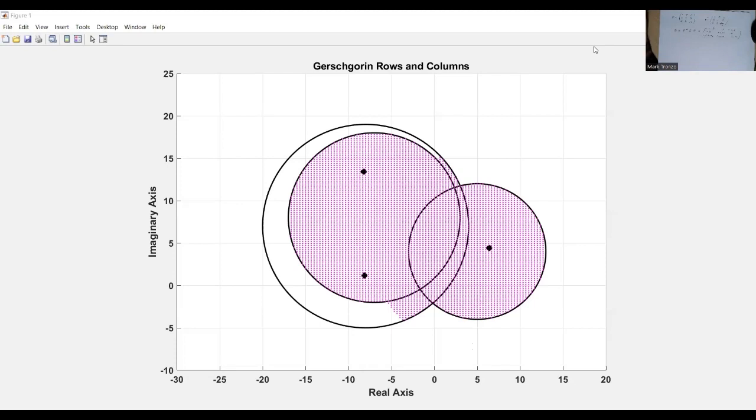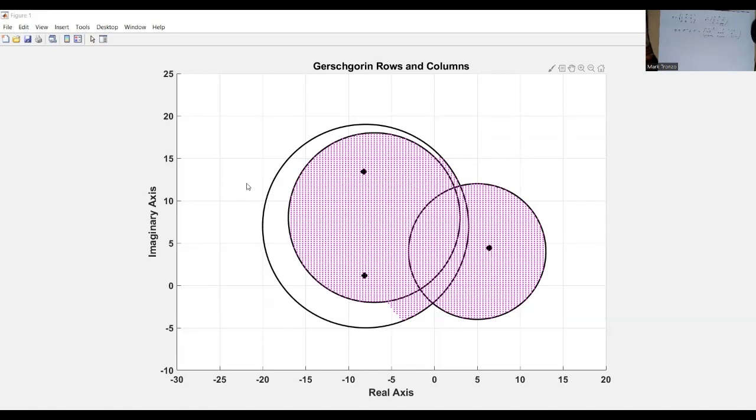So first, let's go back and look at our original Gershgorin set, which was the set enclosed by these black circles. And then when we found the Gershgorin set of the transpose, we intersected that with the original and got these, I'm a little bit colorblind, I think that's purple, these purple dots here. So the purple represents the intersection of the original Gershgorin set with the Gershgorin set of the transpose matrix.